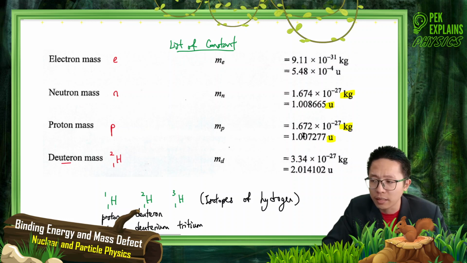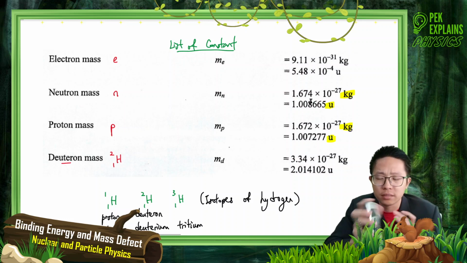So the answer scheme will tally with the masses in the list of constants, and it will not tally with the mass given in the calculator. Understand or not?